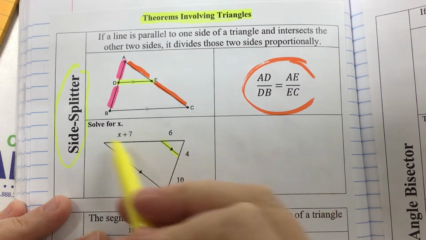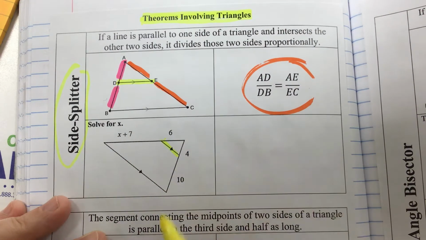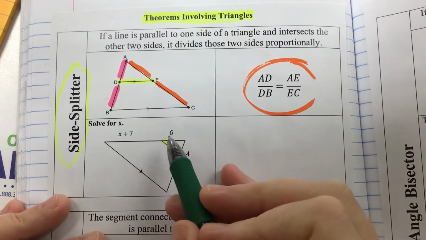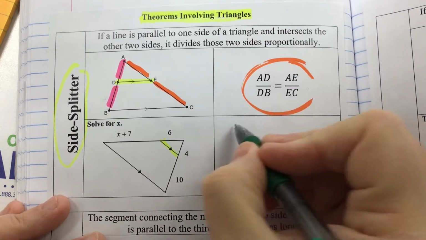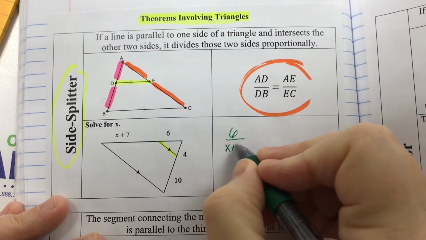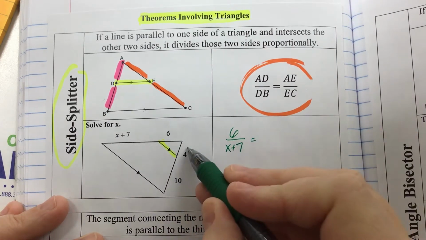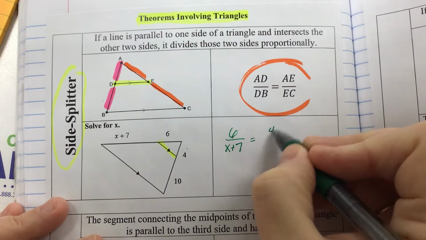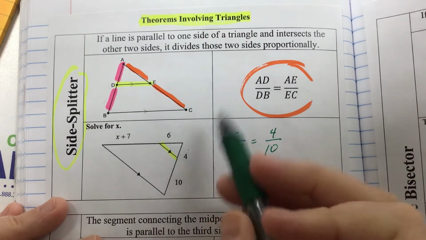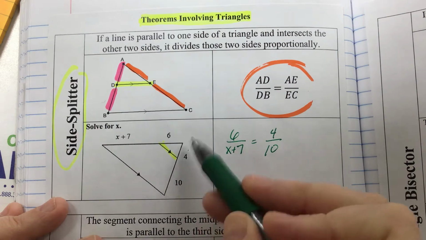It intersects this side here and this side here. So it divides them proportionally. I'm going to do right over left. So I'm going to do 6 over x plus 7 equals 4 over 10, because these two are part of one side, and these two are part of the other side.